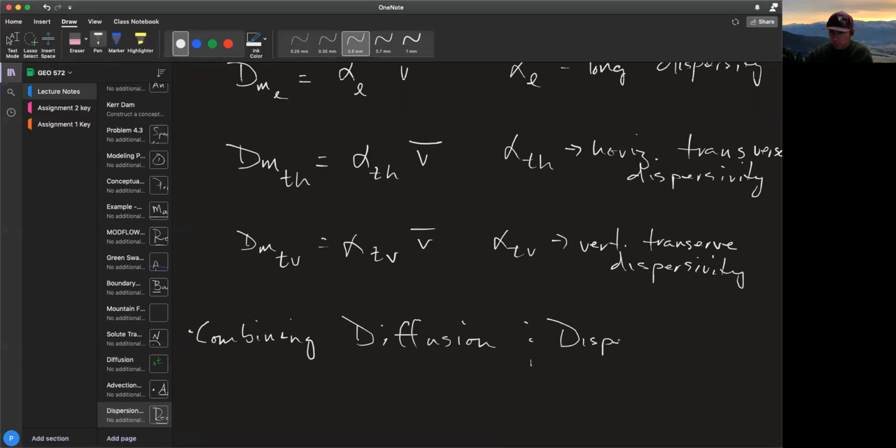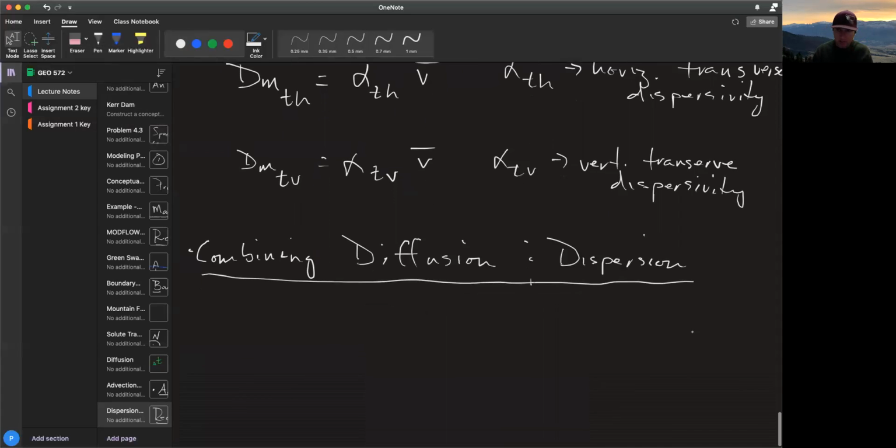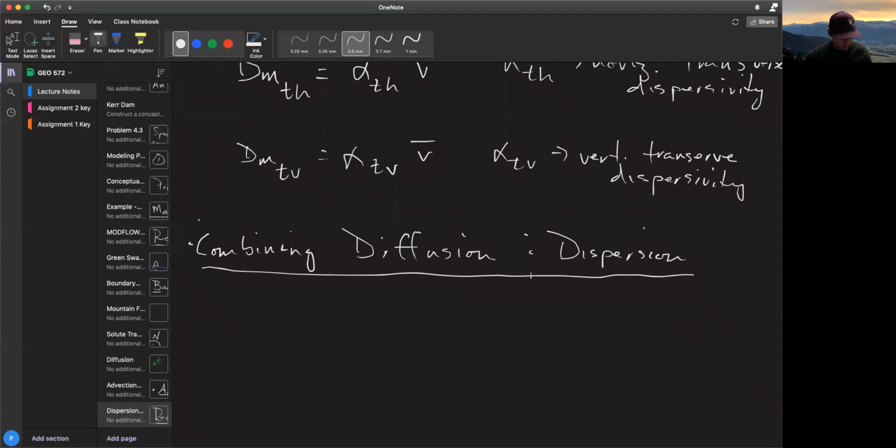They're both Fickian. They're both driven by concentration gradients. And so we can think about how we might combine those two.